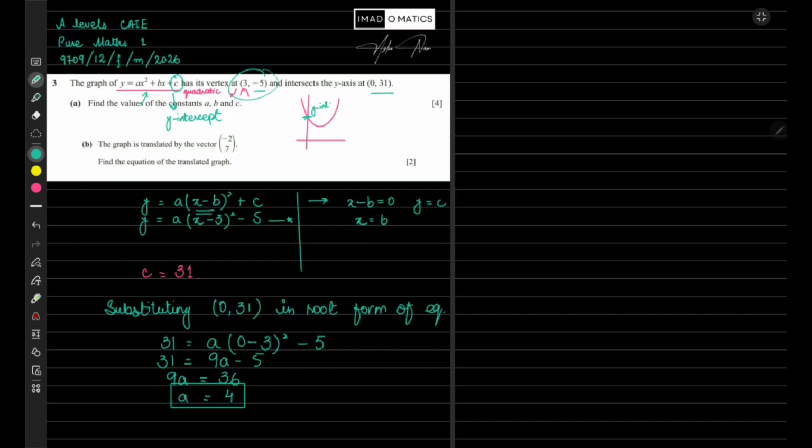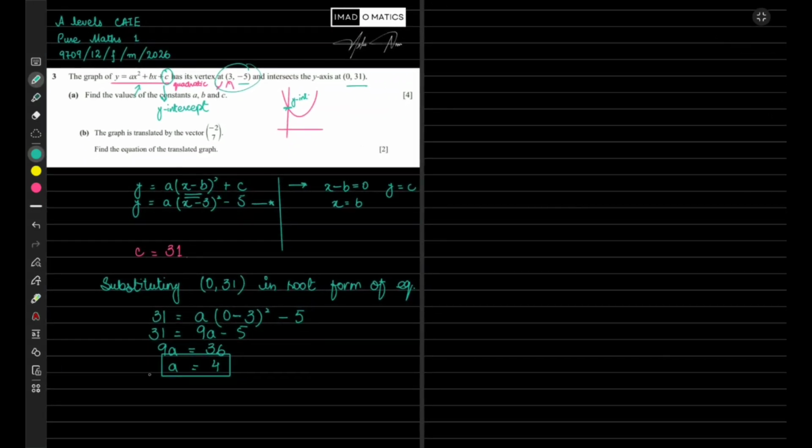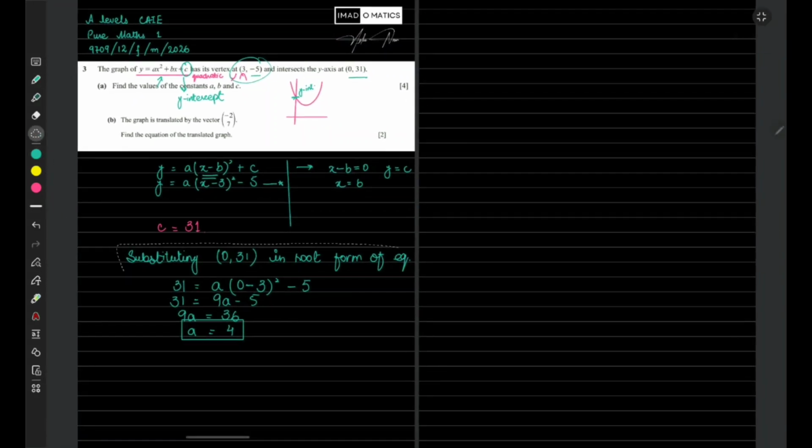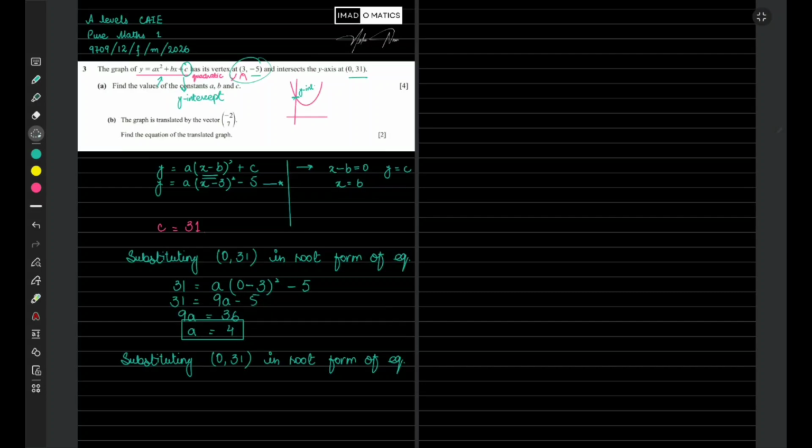Now we can find the third value. We can use the original form of the quadratic and substitute any one point, either the vertex or the y-intercept, in the equation, with the a and c values, to get b. I was going to substitute the same (0, 31) because it is easier, since one coordinate is 0 in the standard form.